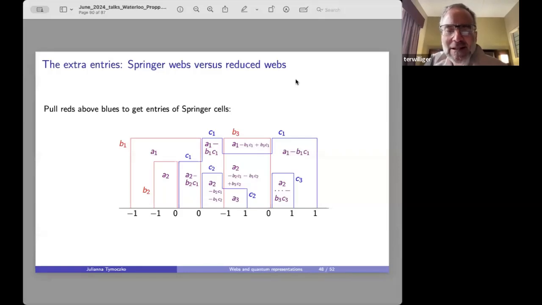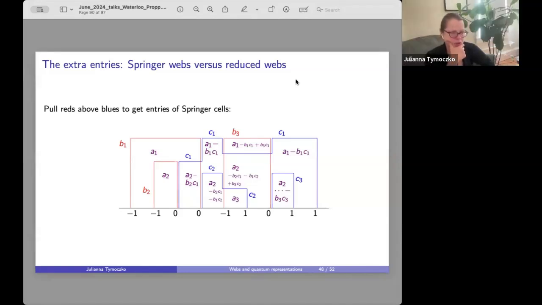If you insist that the ones and minus ones alternate, does that give you anything particularly nice in this context? This is a good question. I've never thought about that.